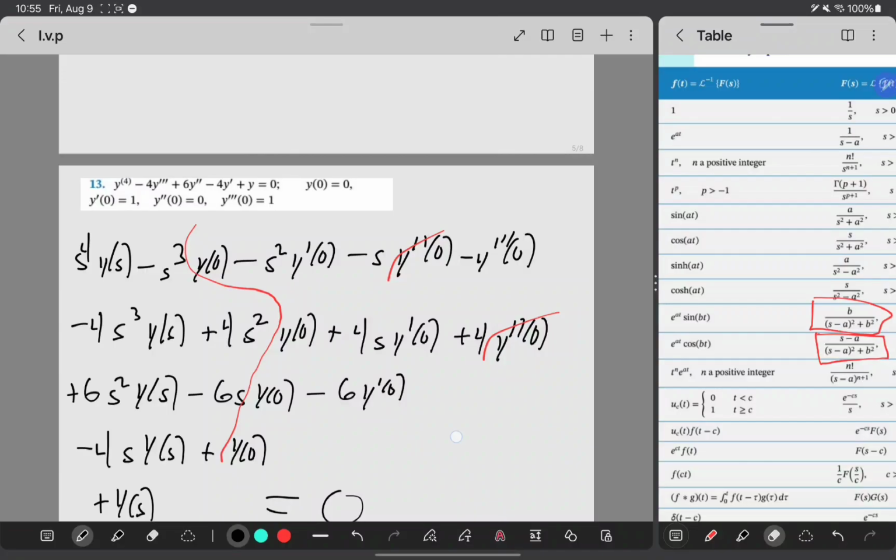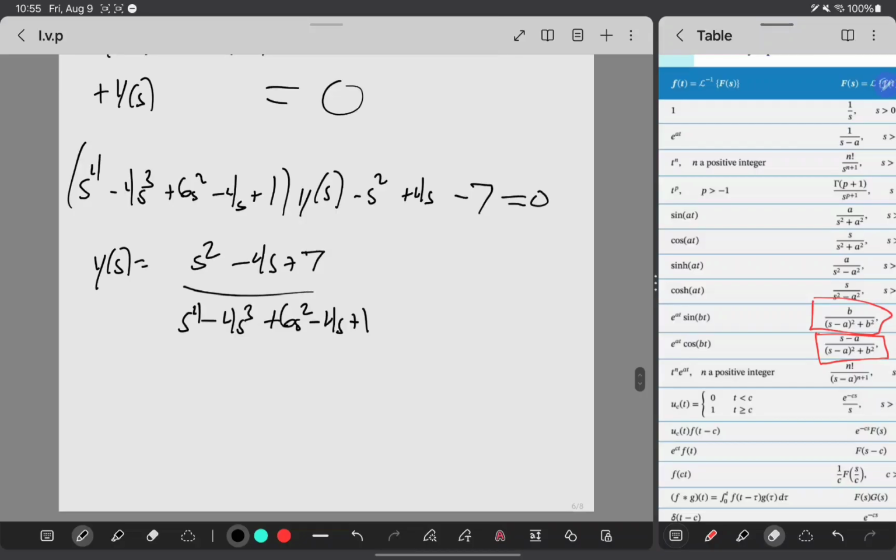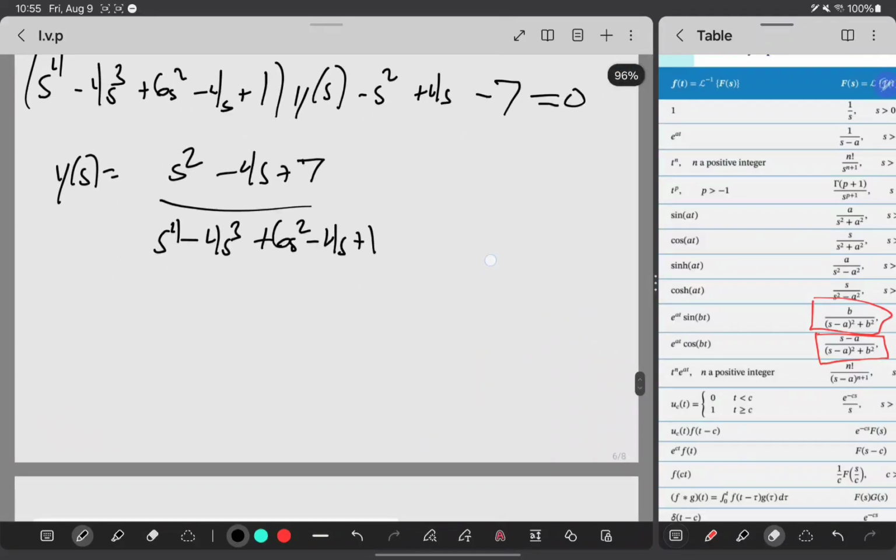Oh boy. This isn't too bad, this is nice. This is one of those nice ones.